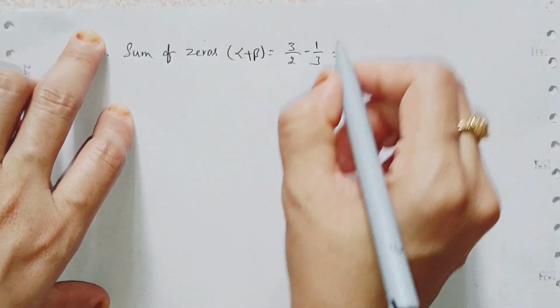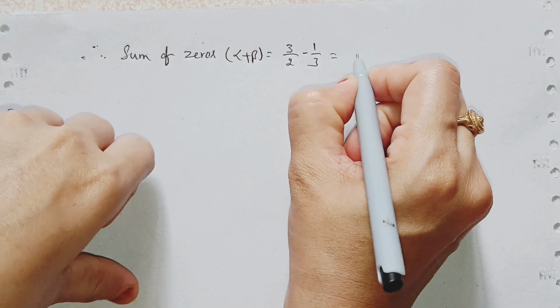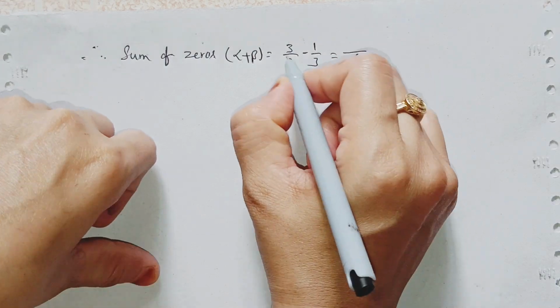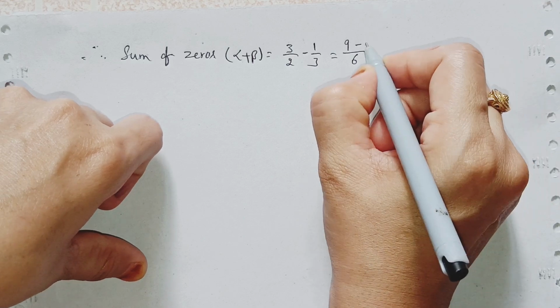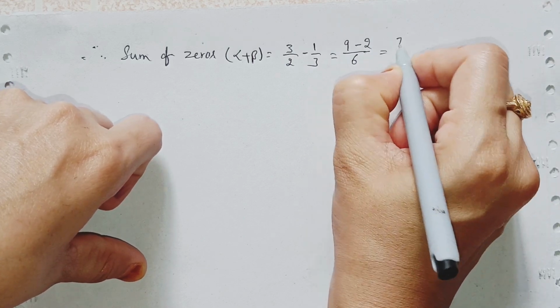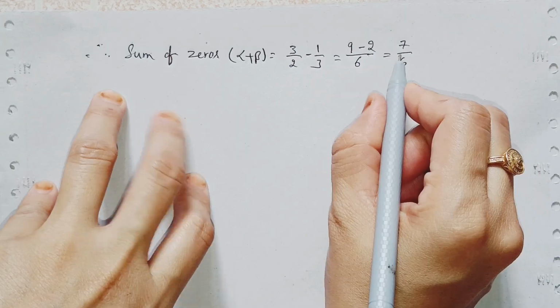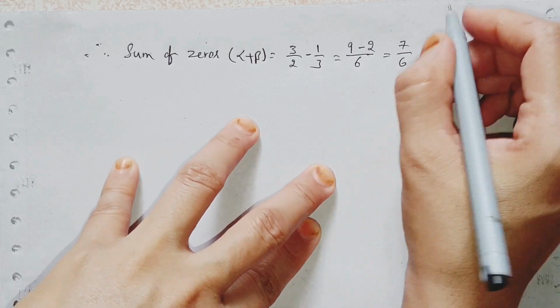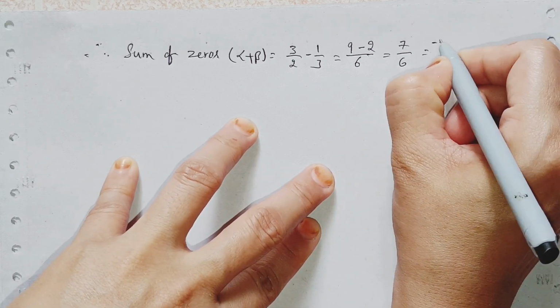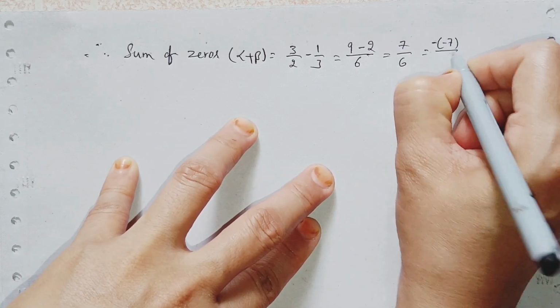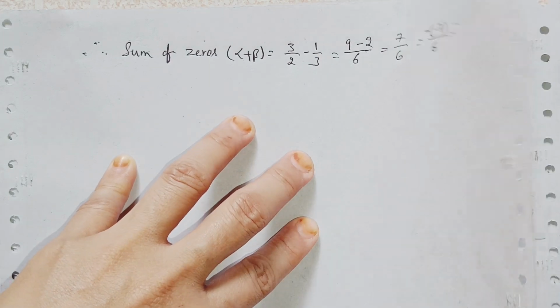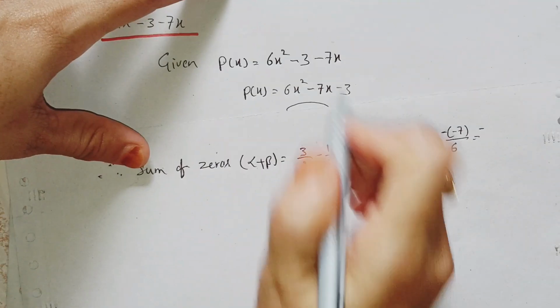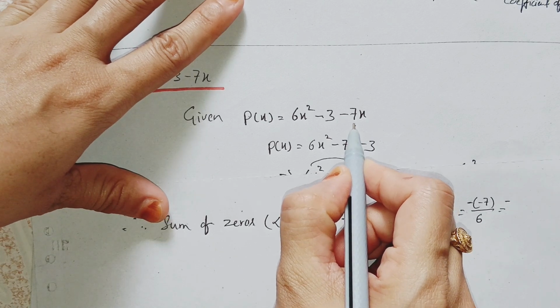If I do here, 6 is the LCM, then 2 3 6, 3 3 is 9 minus 3 to 6 means minus 2. Here I got 7 by 6. This I can write as minus of minus 7 by 6. What is this? Minus 7 is nothing but b value.